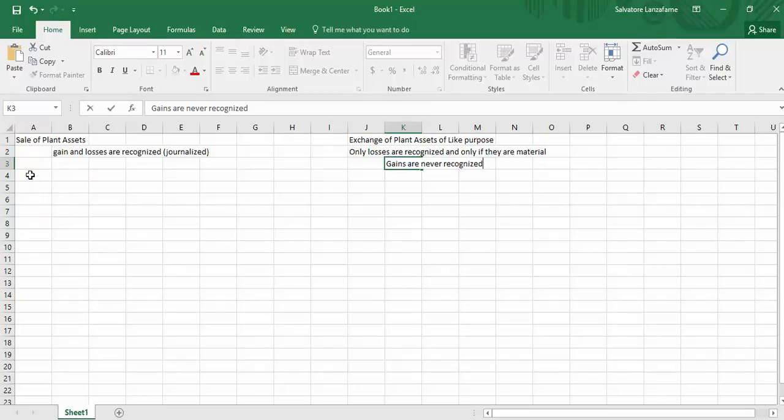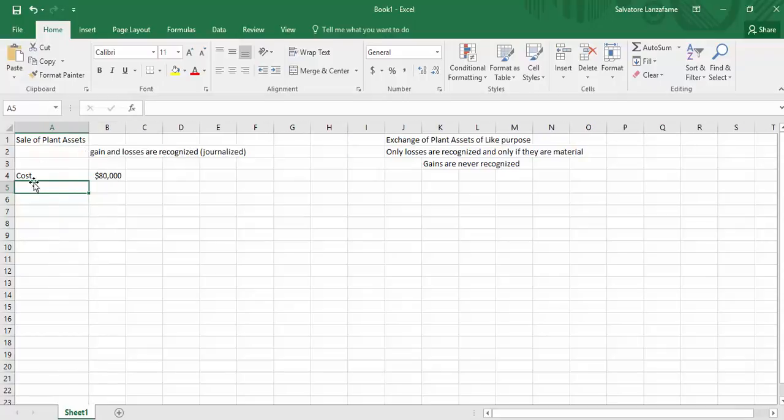So let's jump right into an example here. Let's say I have a cost of an asset, and let's say it's, how about $80,000, and let's say we have depreciated this asset for a few years. Who knows? Maybe we use straight line. Maybe we use sum of the years digits. Well, actually, we could have, but I never showed you that one in the previous one.